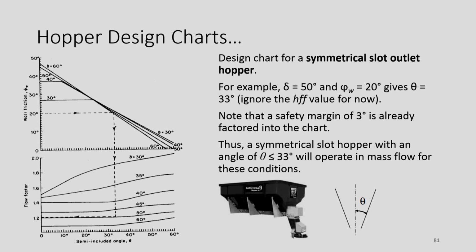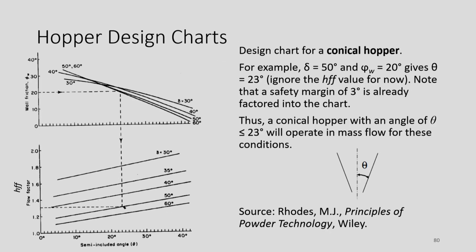For those different types of hoppers, he has done all the calculations. You take the wall friction angle and flow factor, relate them to the angle of internal friction, and get the hopper half angle. It's very easy to use.